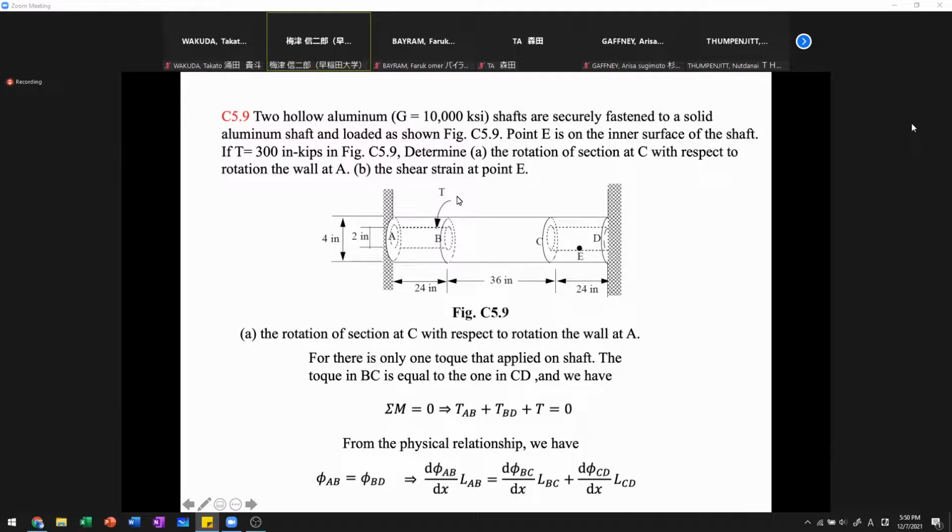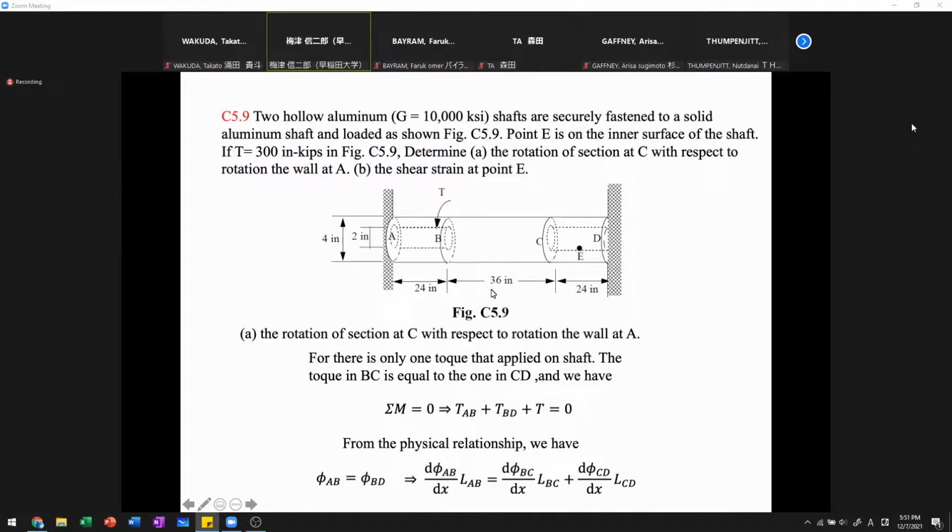Yeah, for external force, only T is applied here, and a repulsive torque will act at the A part and the D part. So if we make an imaginary cut here and estimate this structure, then the repulsive torque acting on the D part will appear in the imaginary cut of CD.